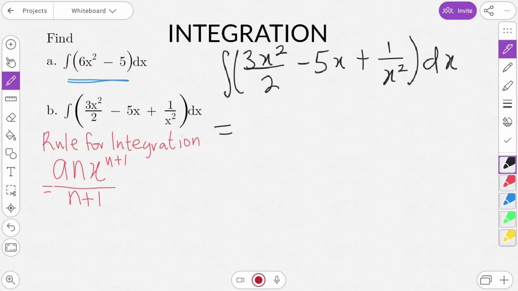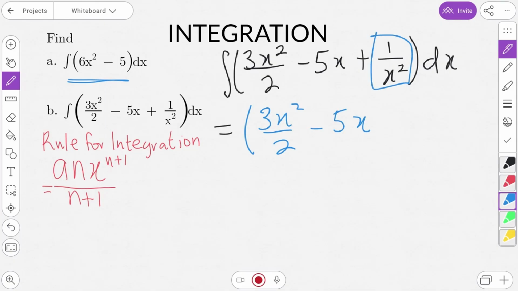So what we are going to do is, as I taught you earlier, we rewrite it. 1 over x squared can be expressed as x raised to an exponent of negative 2, as indices implies. So I'll explain to you later in the video.